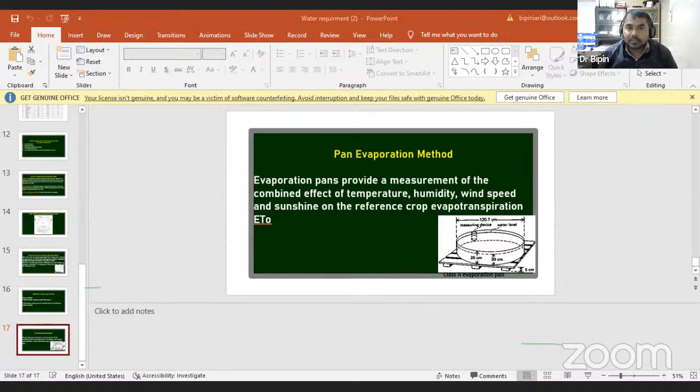Water logging happened, and because of seepage from the canal and excess use of canal water, there was a salinity problem. That's why CSSRI, one of the ICAR institutes, was established in Haryana to address this problem.